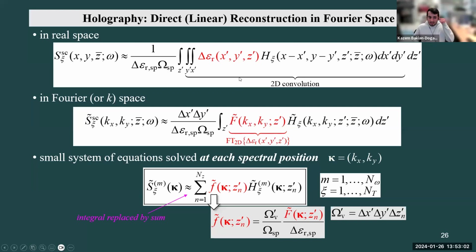Sure. So direct or linear reconstruction is very, very efficiently done in Fourier space. But we are doing work on nonlinear iterative methods as well, but there is no time to discuss this here. Sure. I was just curious on the accuracy of the retrieval.